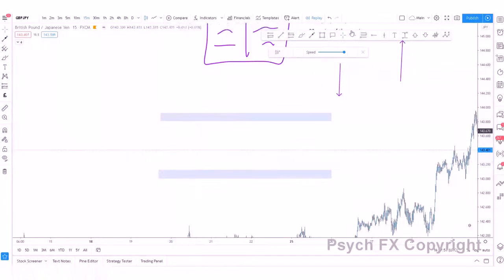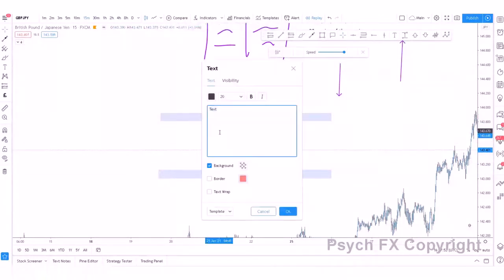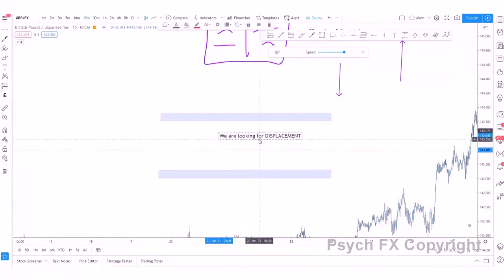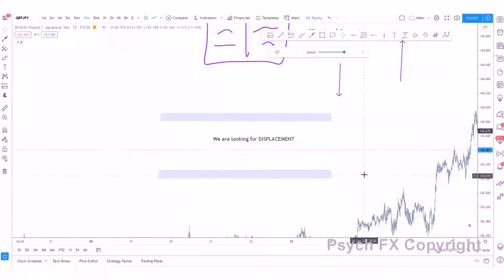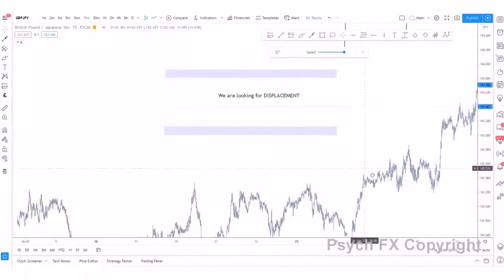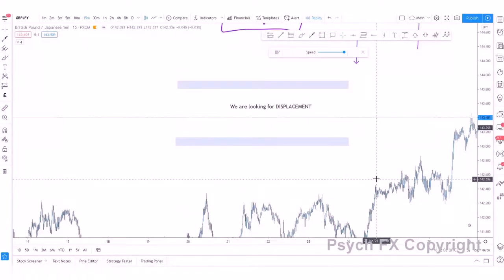In a word, what we're looking for is displacement. We're looking for price to move away in a direction, and we're looking for something to shift in the market conditions.